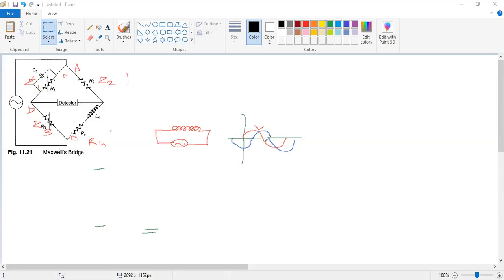In this way the phasor diagram is drawn. So I is lagging over voltage. Always we put voltage as the reference, and the current lags by 90 degrees.